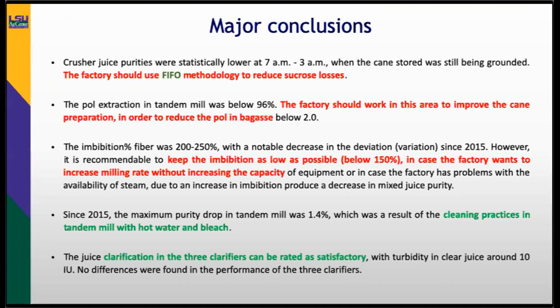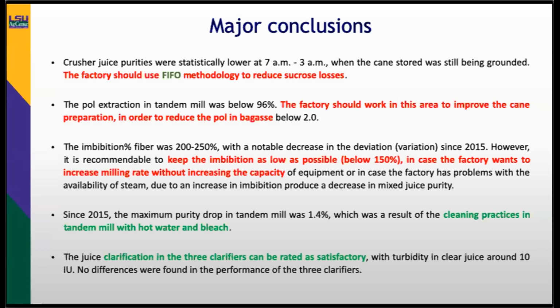Since 2015, the maximum purity drop in the tandem mill was 1.4%, which was a result of the cleaning practices in the tandem mill in this factory, because they use shock treatments with bleach, and they also use hot water to clean the mills.